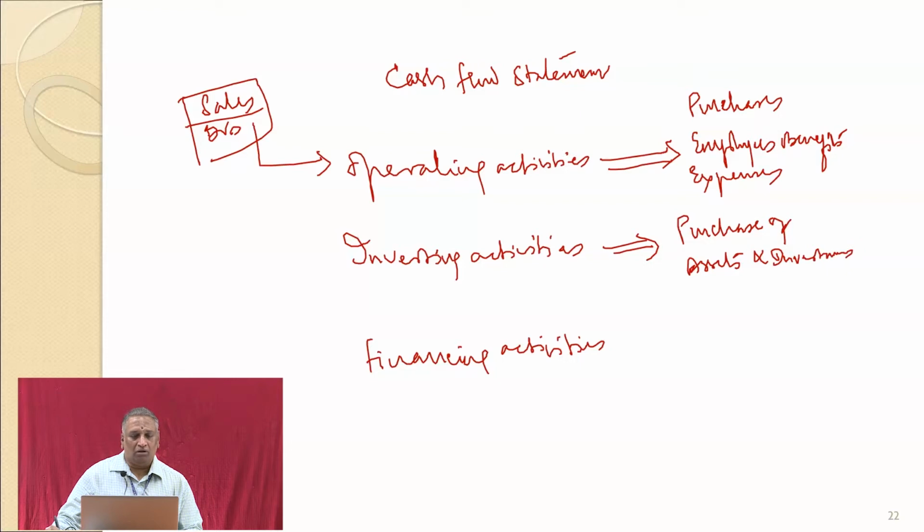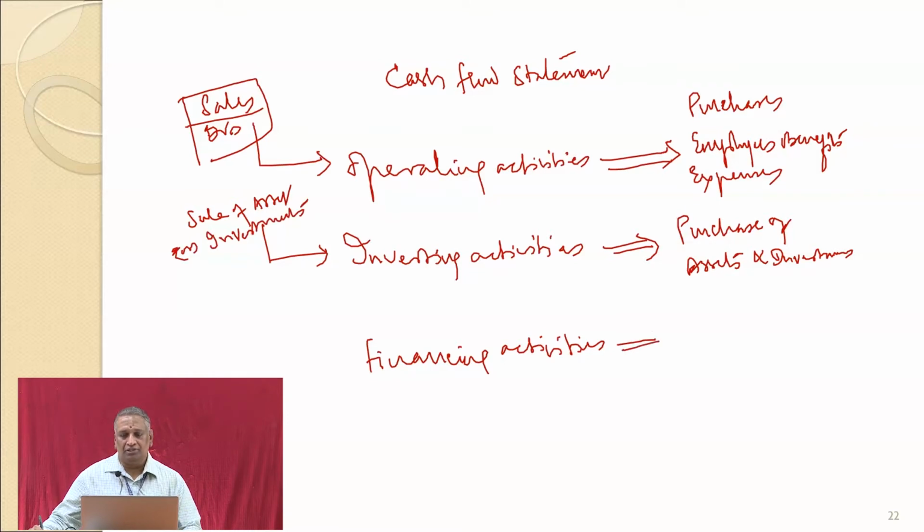And cash can flow in when there is some sale of asset or investments. Similarly, when the company raises capital by issue of shares, or additional capital put in by the owners in a proprietor firm, or buyback. Here it is all cash flow, right?